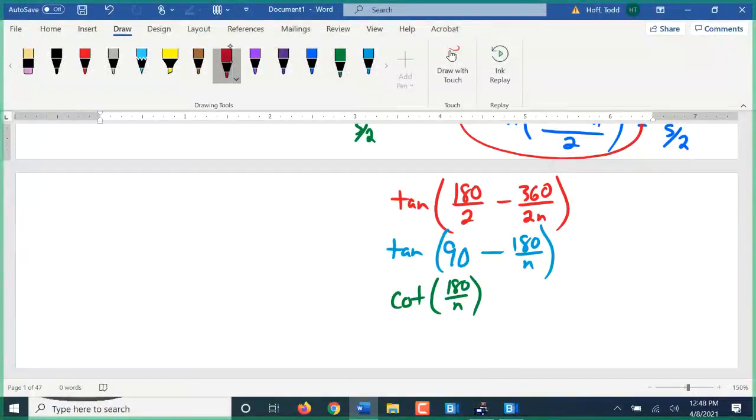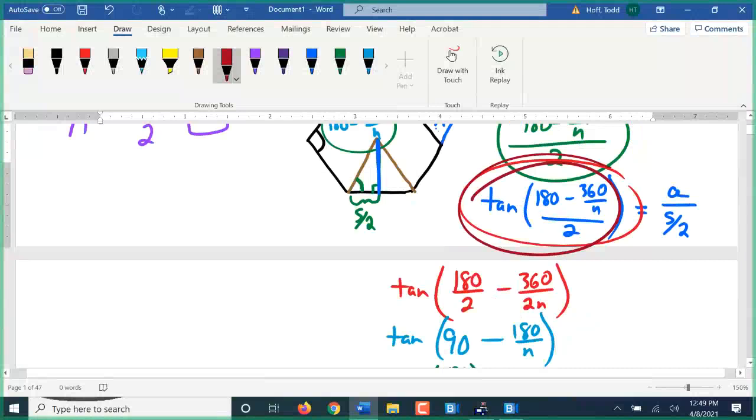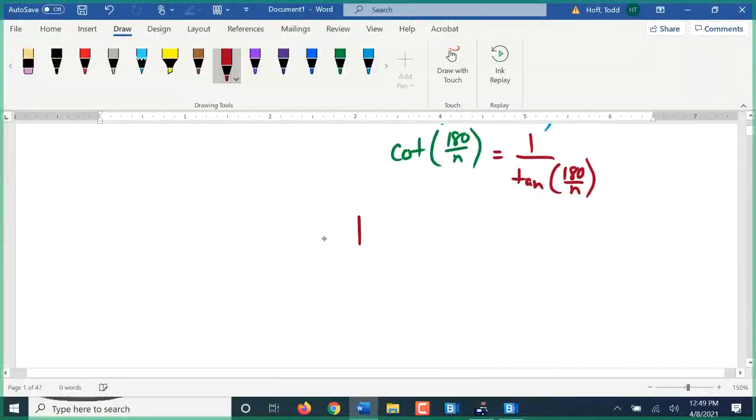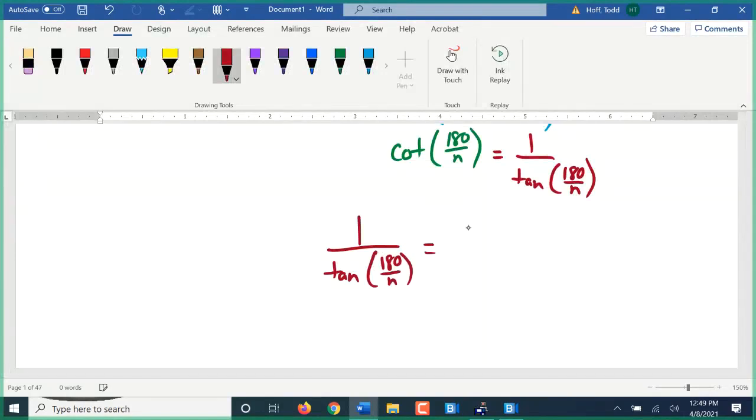Now, the cotangent is found as 1 over the tangent. So this whole angle here can be written as 1 over the tangent of 180 over n, equals our apothem over the side divided by 2.